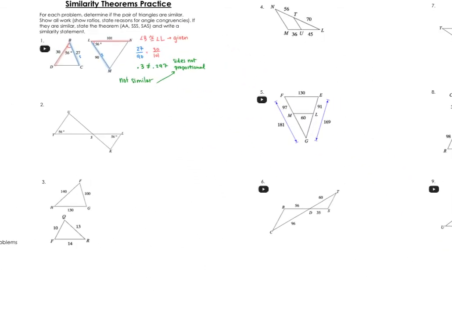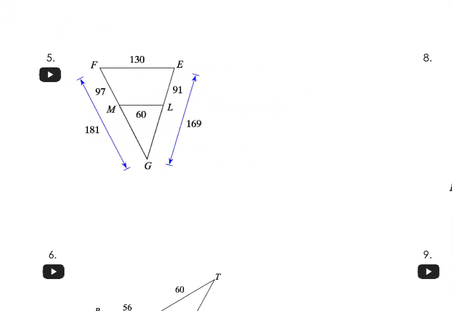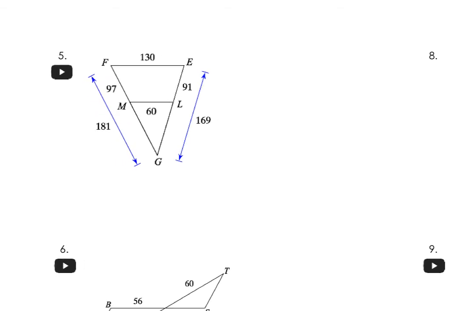Okay, let's look at number 5. So number 5 is an example where we have overlapping triangles. Every time you have this, what I recommend you do is draw the 2 triangles separately. So I have my smaller triangle, and that's GLM. And then I have my bigger triangle, which is going to be GEF.